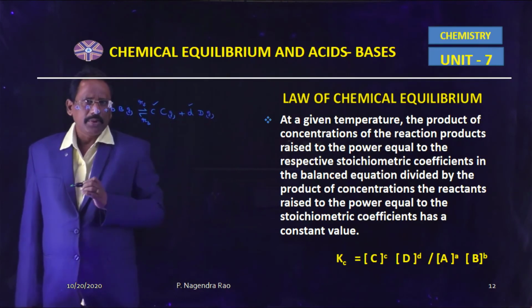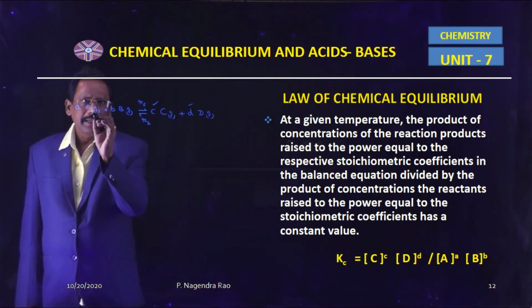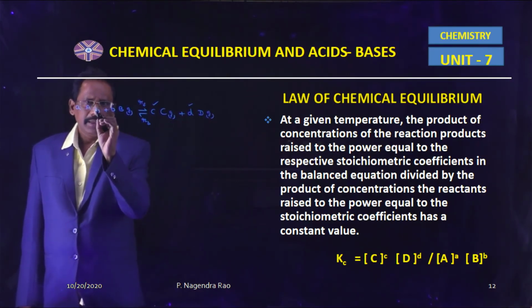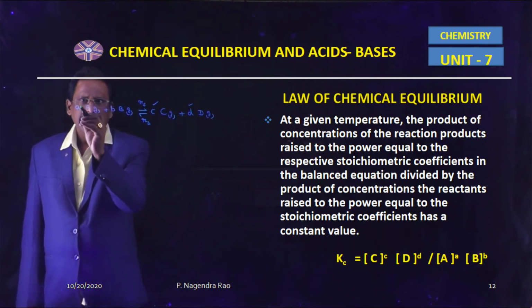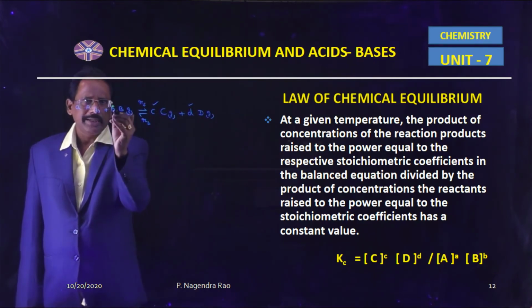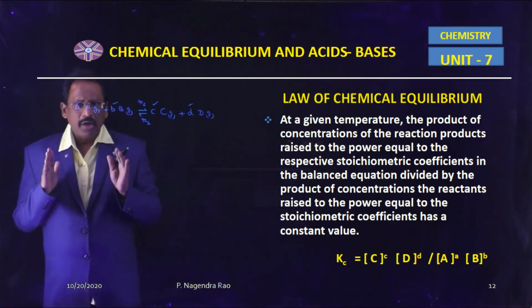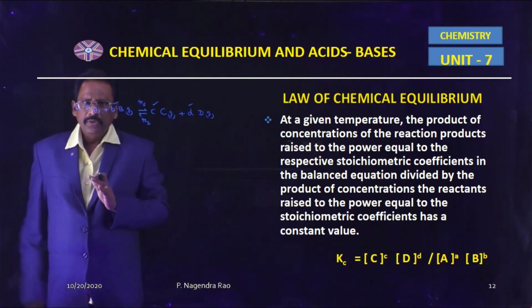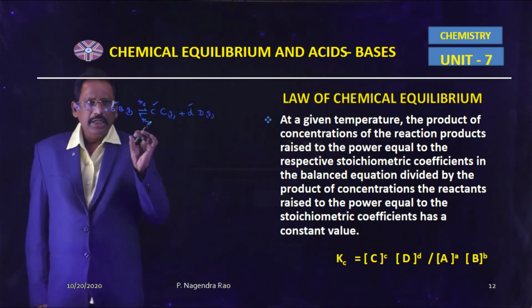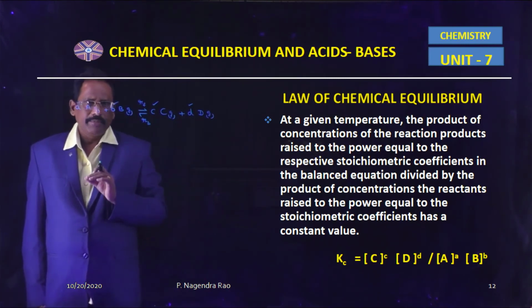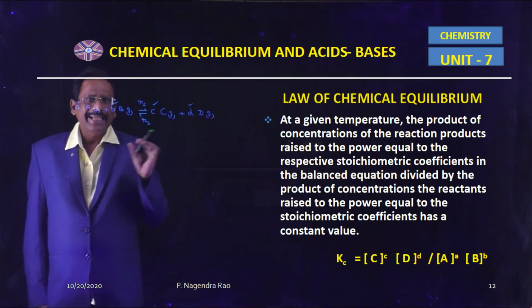In this example, the reactants are A and B raised to the power equal to the stoichiometric coefficients. That division has some constant value, which is nothing but the equilibrium constant. It is represented by Kc.